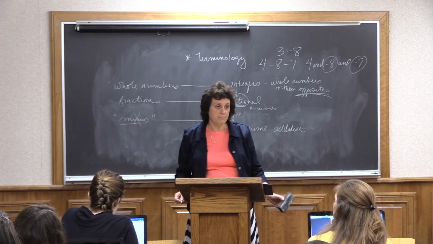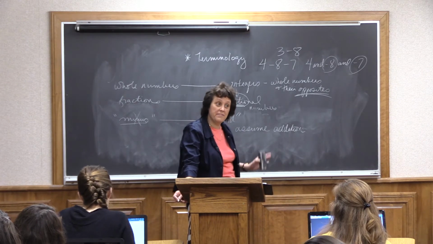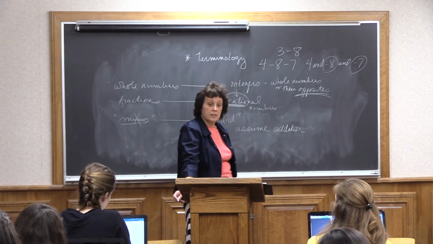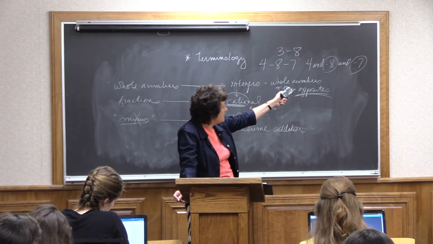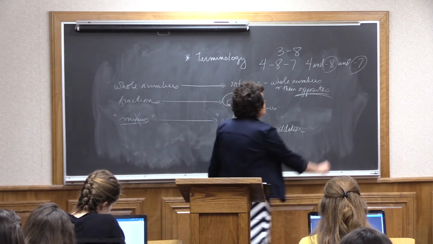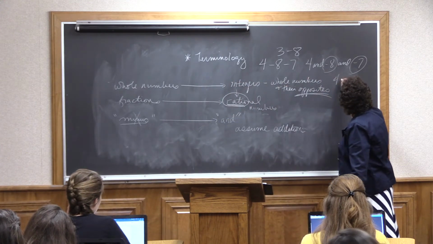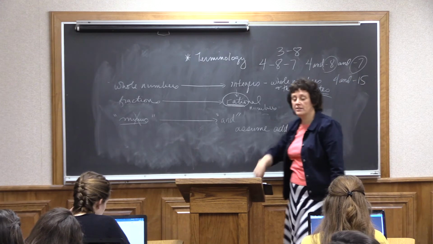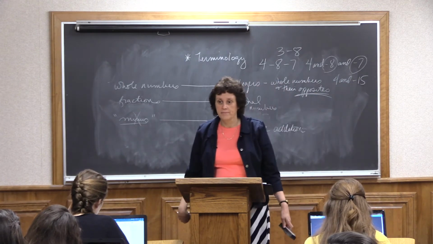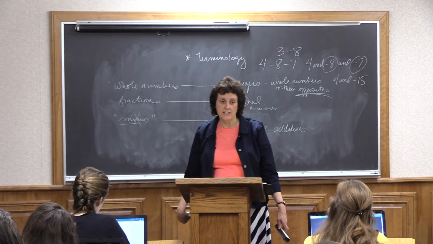Okay? Subtraction is going to be phased out. All right, so that's 4 and negative 8 and negative 7. It becomes 4 and negative 15. What is 4 and negative 15? Negative 11.